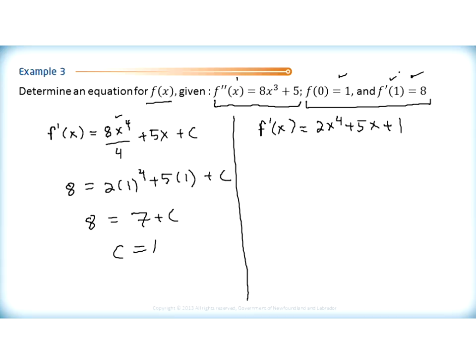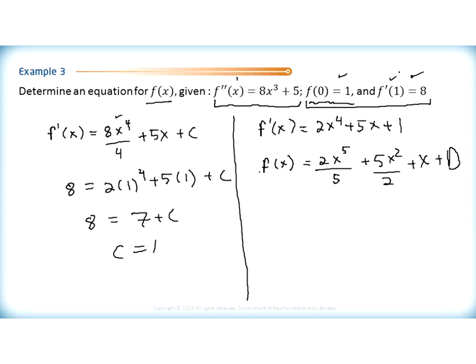Okay, so now we have to go after f of x, and we're going to end up using our second initial condition for that one. So let's see, f of x is going to be equal to, now, power rule again, this gives us 2x to the power of 5 over 5 plus 5x squared over 2, and then plus another x, and another arbitrary constant. Let's give it a different name so we don't get confused.